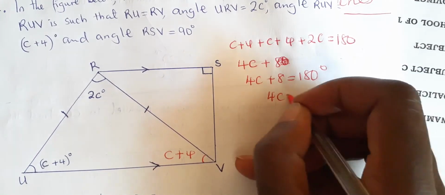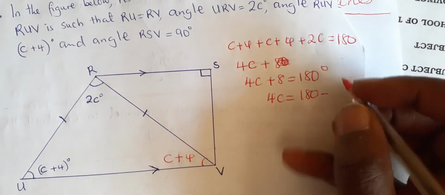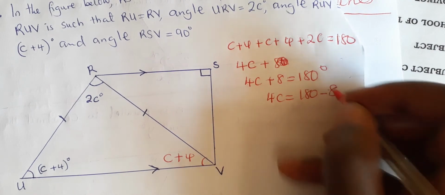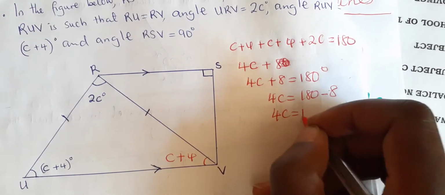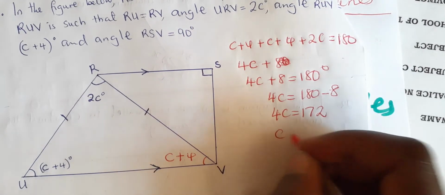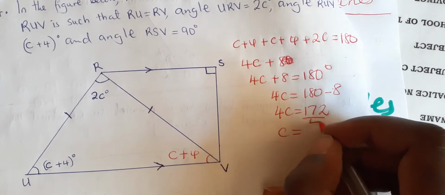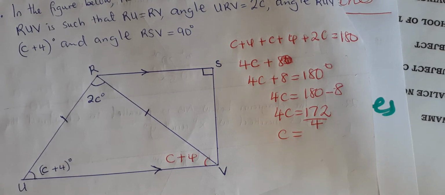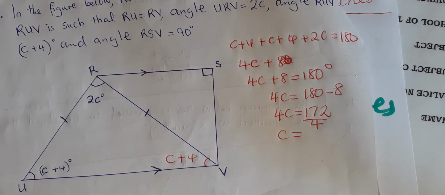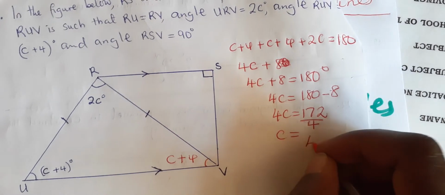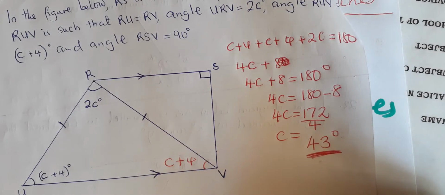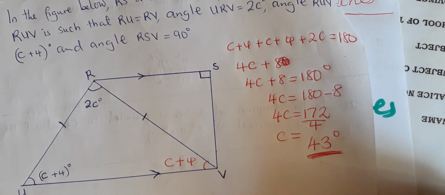So 4C equals 180 minus 8, which is 172, and C equals 172 divided by 4. We get 43. So the value of C is 43.